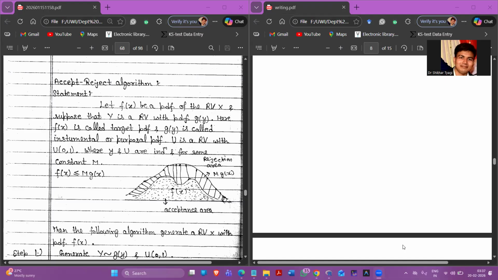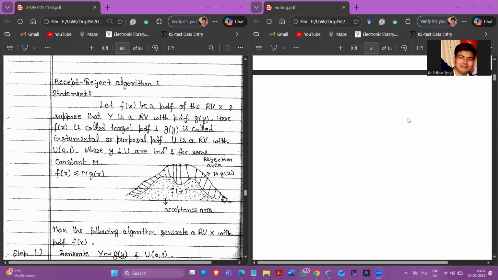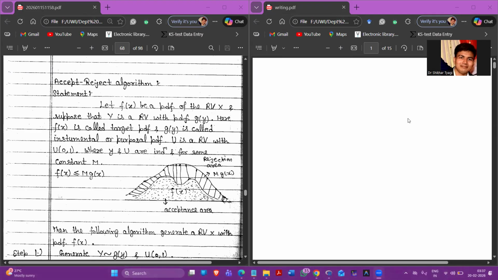The statement of the accept-reject method is: let f_X be a PDF of the random variable X, and suppose that Y is a random variable with PDF g_Y. Here f_X is called the targeted PDF and g_Y is called the instrumental or proposal PDF, and U is a random variable with uniform distribution between 0 and 1, where Y and U are independent, for some constant M.